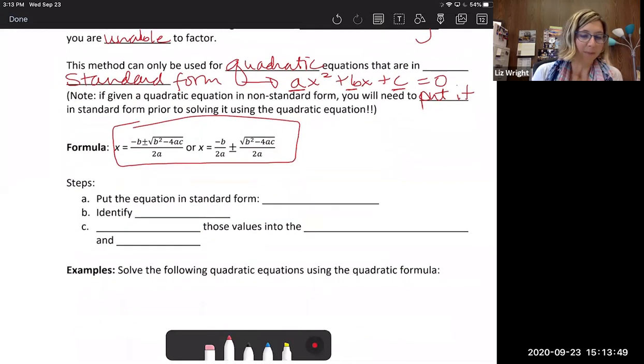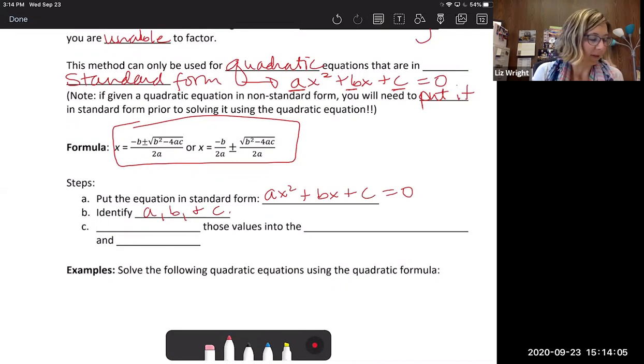So here are your steps. Put the equation in standard form, which is ax squared plus bx plus c equals 0. Identify a, b, and c.